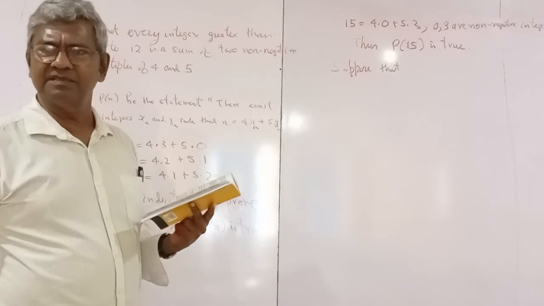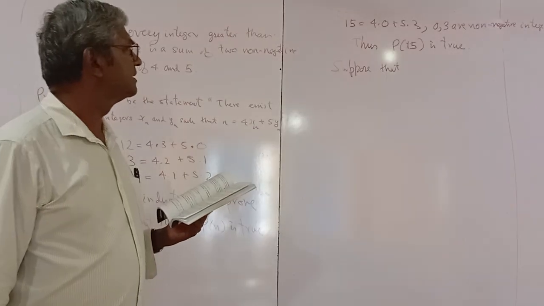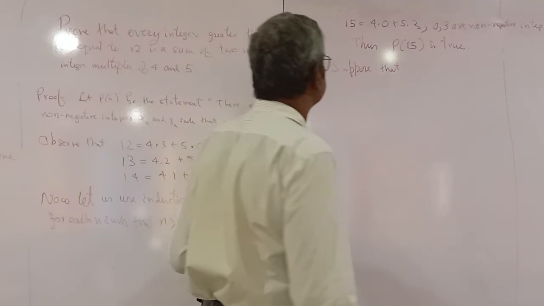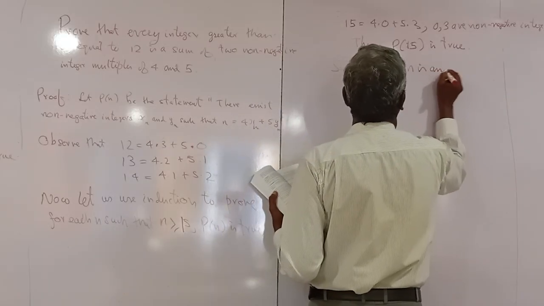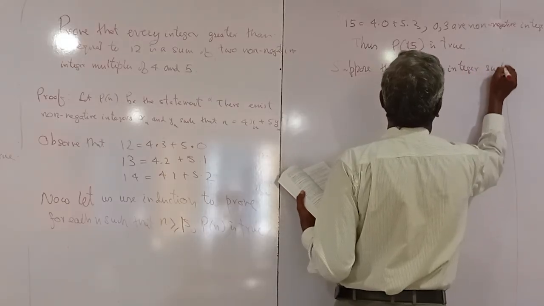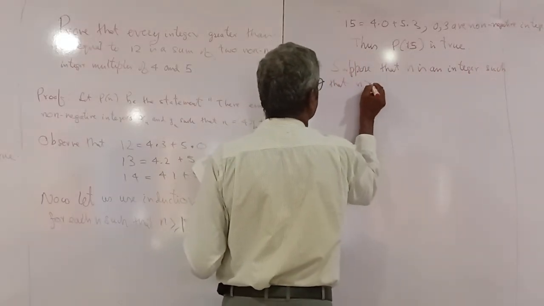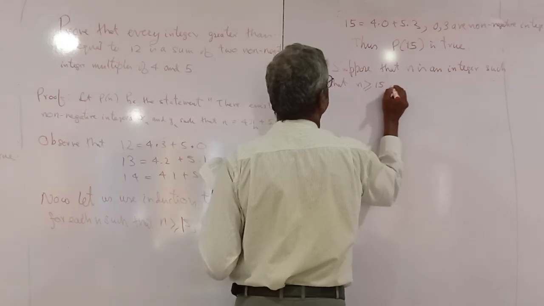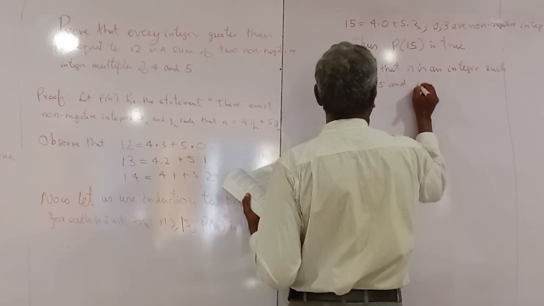Suppose that n is an integer such that n is greater than or equal to 15 and P_n is true.